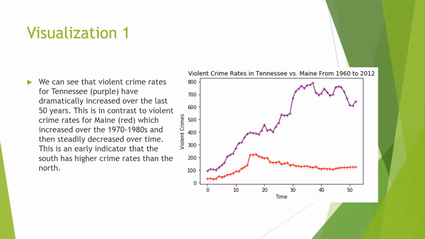We can see that over that period of time, Tennessee has had a great increase of violent crime rates compared to Maine, which had a small increase that has slowly dropped off past 1970 and 1980. This is an early indicator that the South has higher crime rates than the North when comparing the two.